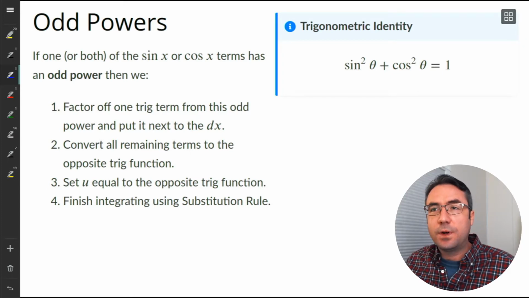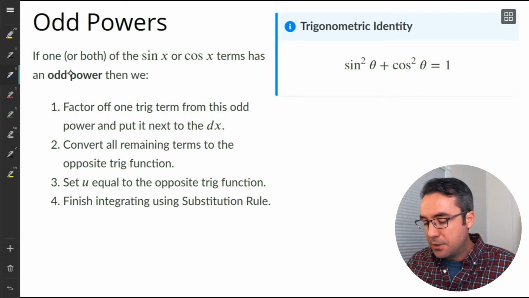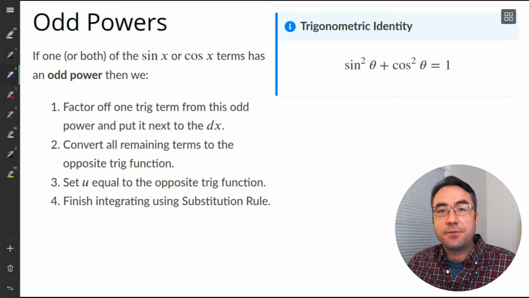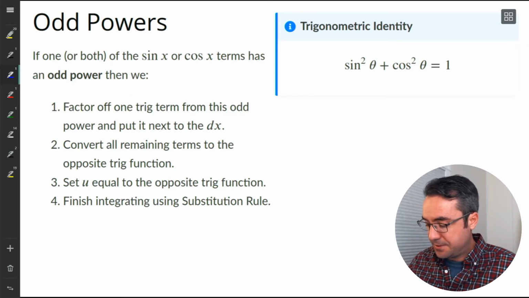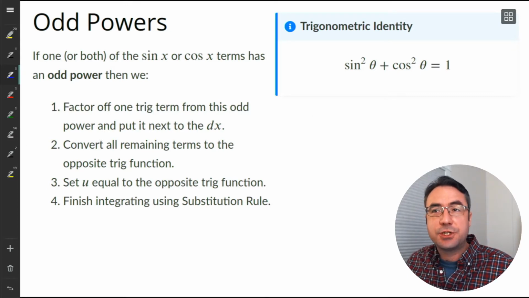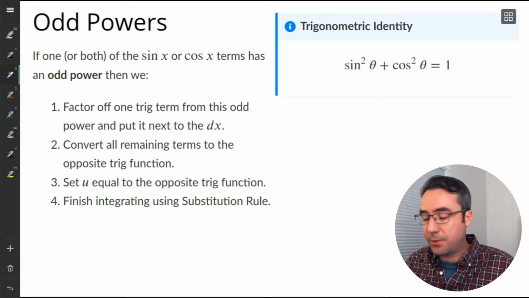All right, so what is the strategy? If we look at our integral and one or maybe both of our sine and cosine terms has an odd power, then the first step is to identify which trig term is our odd power.